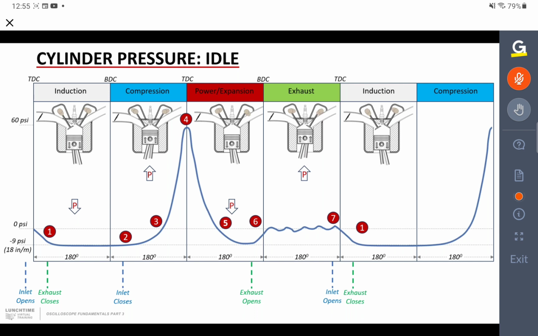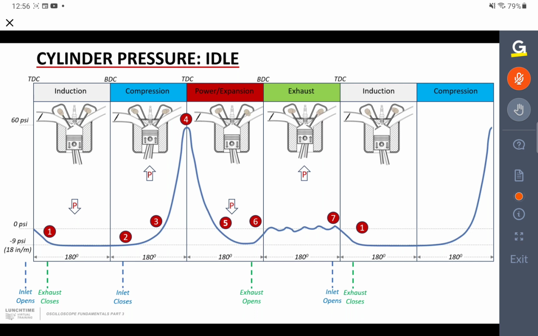It goes out in a small series of oscillations, and at 0.7 there, that last little pressure peak occurs just about the time that the inlet valve opens. And once the inlet valve opens, of course, we've exposed the cylinder now to the incoming air that's going to happen as the cylinder goes down. So that last pressure peak occurs just about the time that the inlet valve opens.